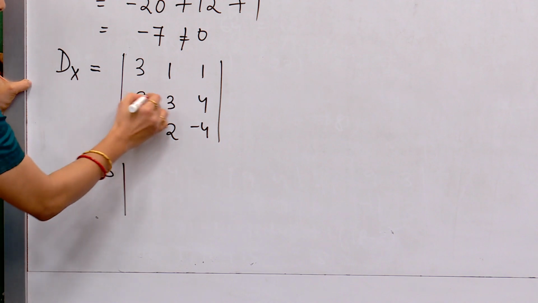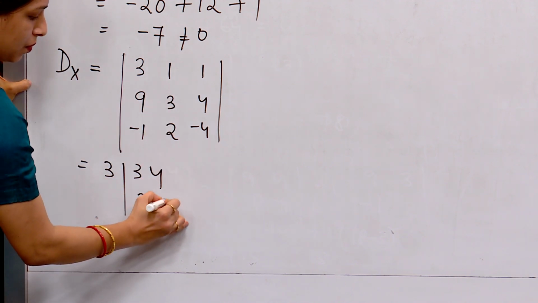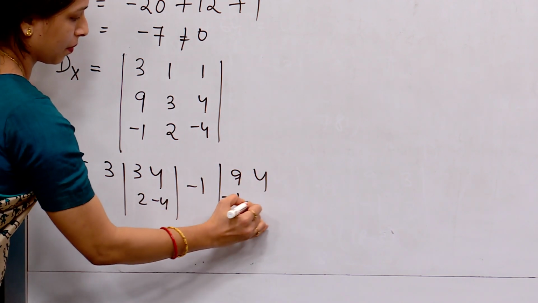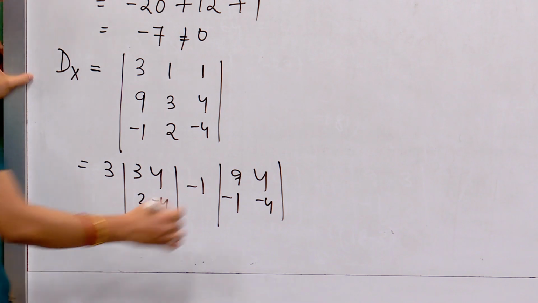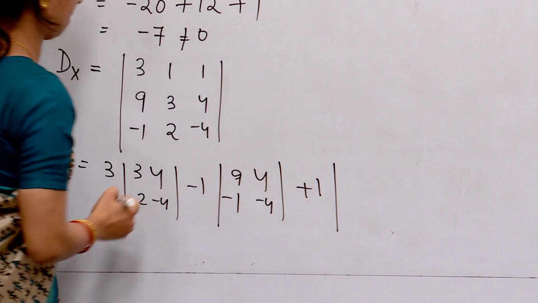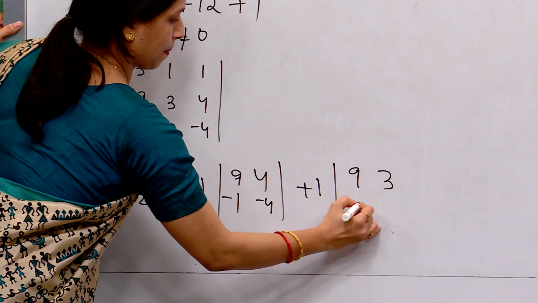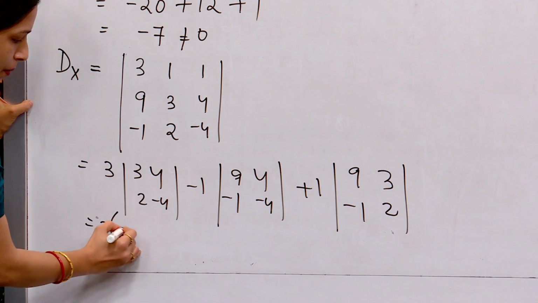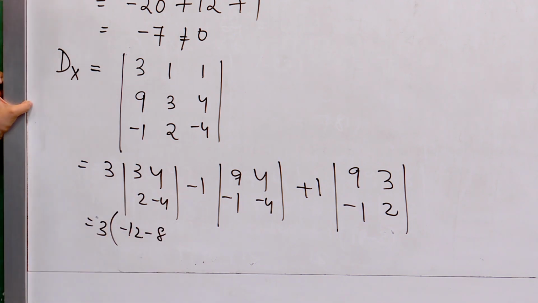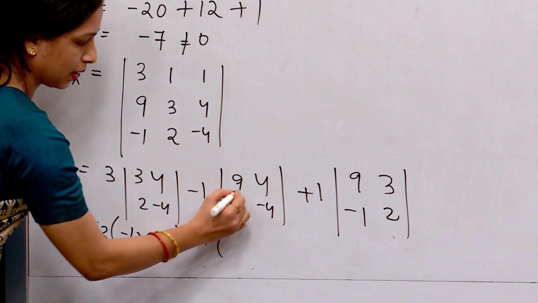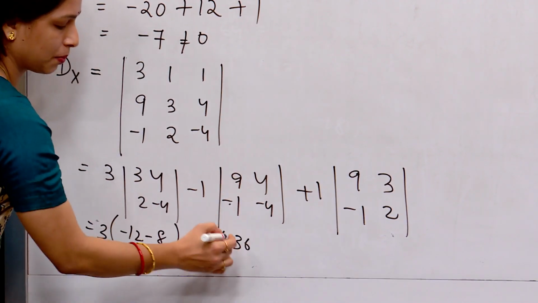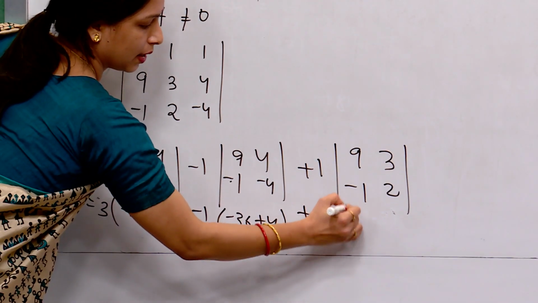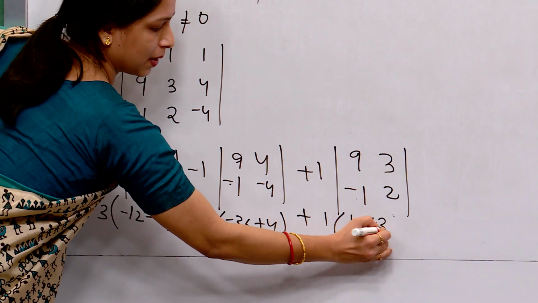So, 3, then minus 1, and then. Okay. So, here we get 3 minus 12 minus 8, minus 1 here minus 36, minus into minus becomes plus 4, and here 1 into 18 minus minus 3 means plus 3.